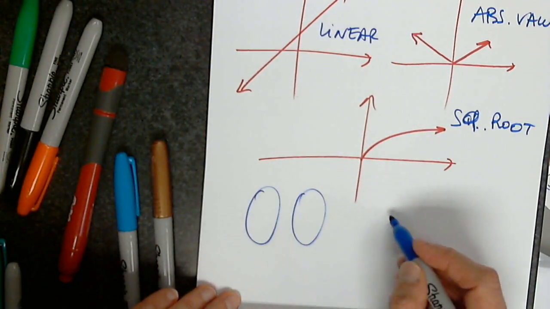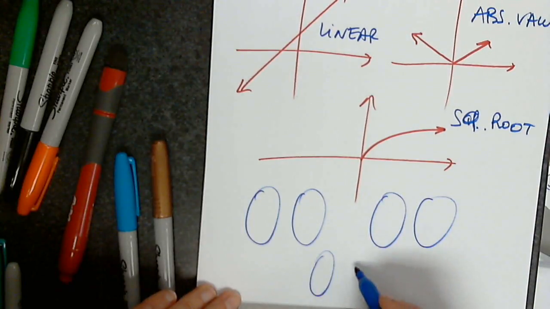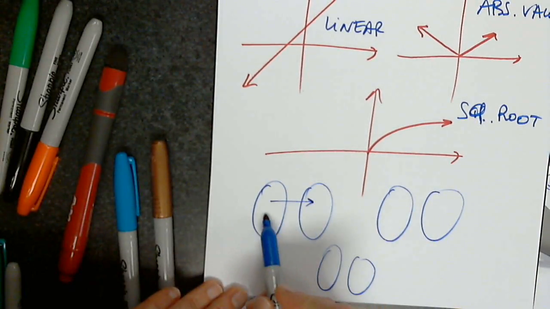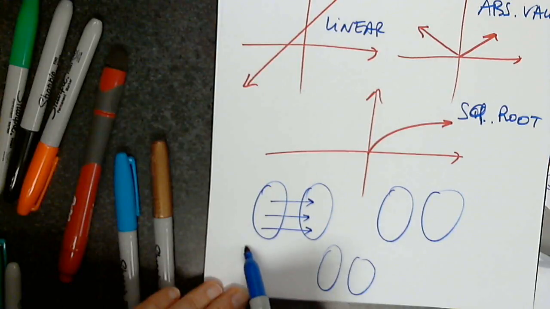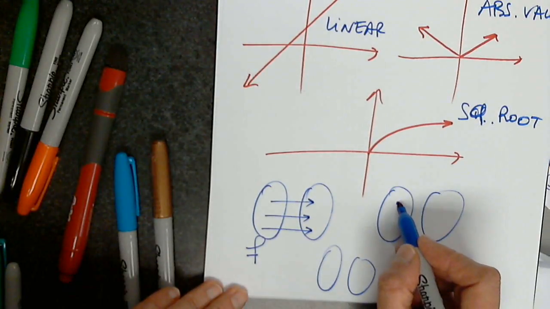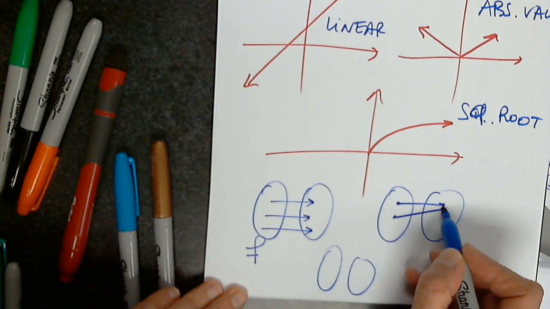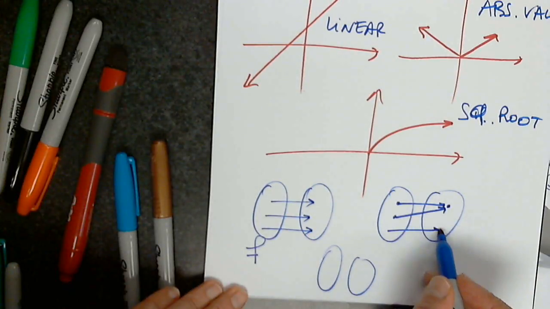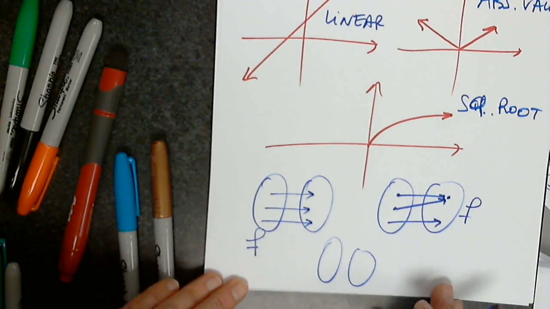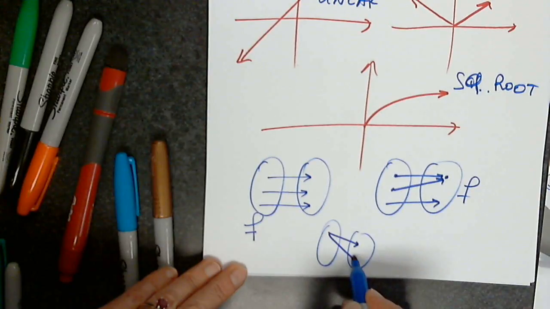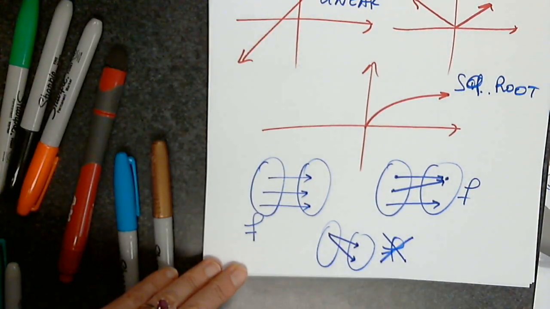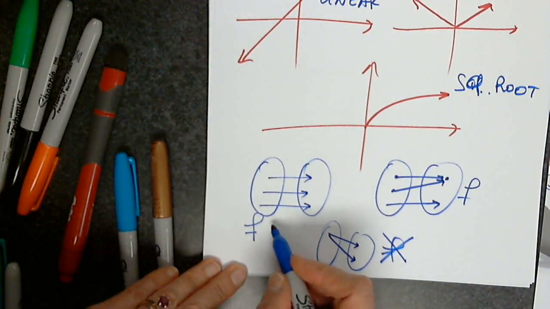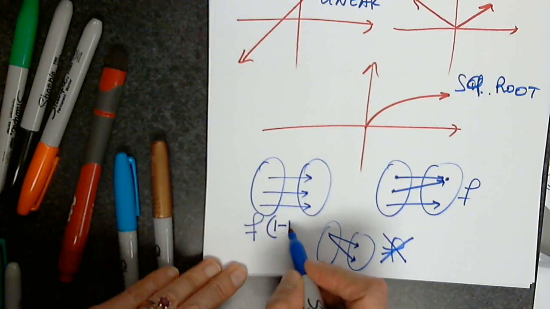We had three situations. We had this situation, which is a function. We had this situation, which is also a function. And we had this, which is not a function. This one is so-called one-to-one.